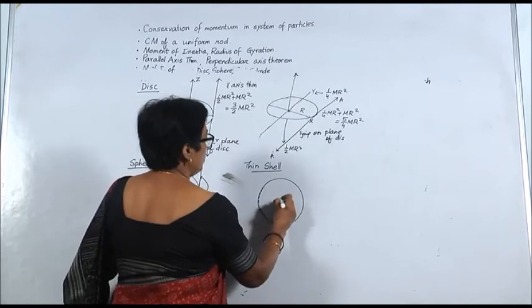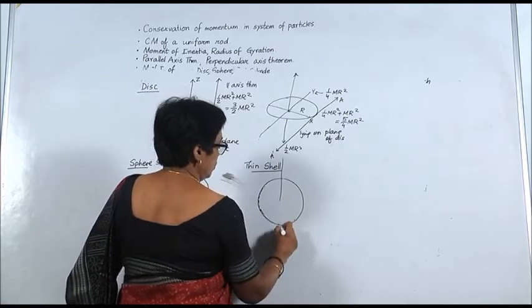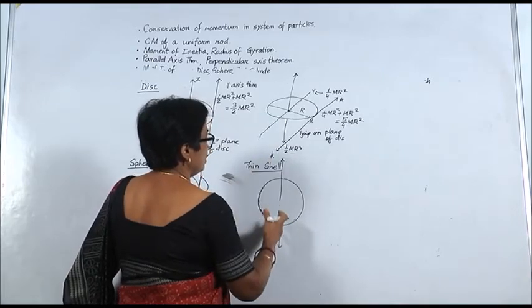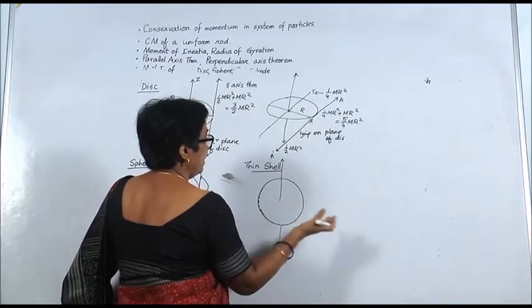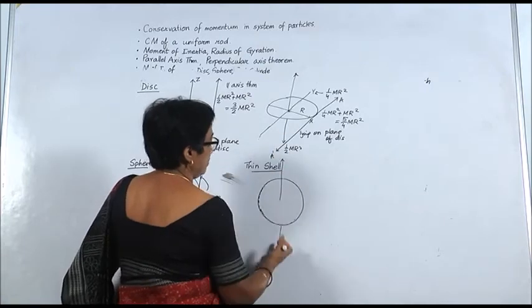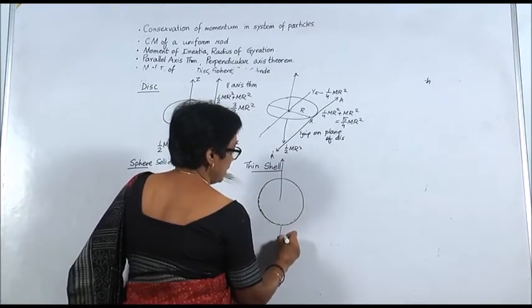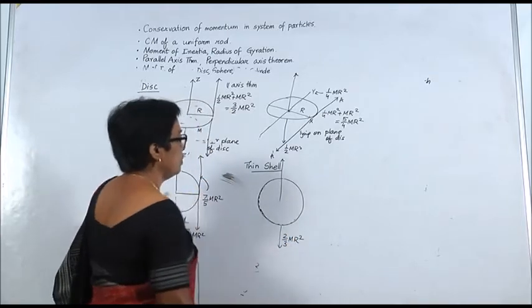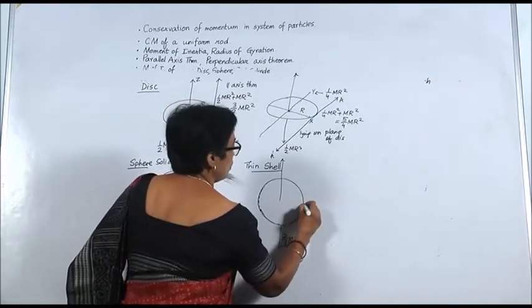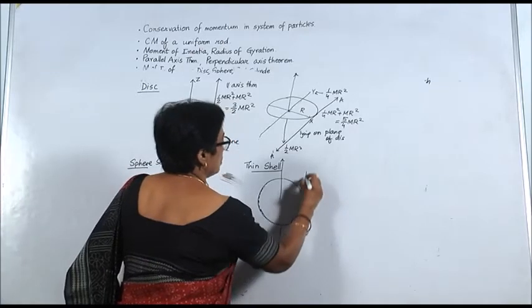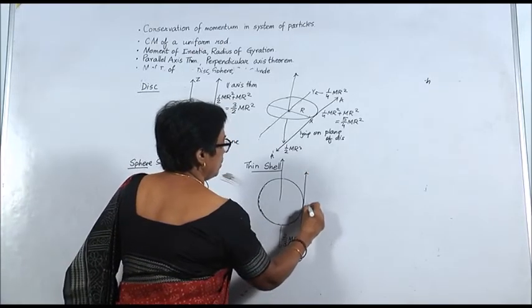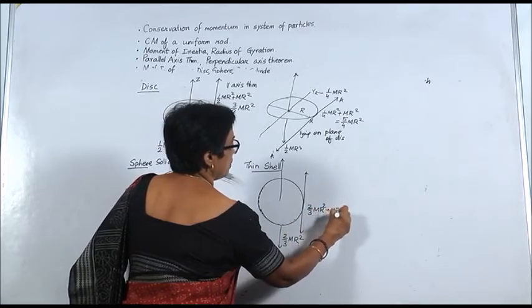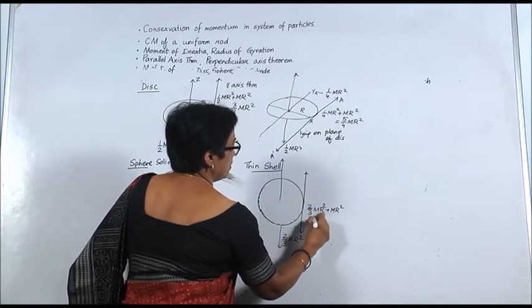Then the moment of inertia through the center, again it is a 3 dimensional body, so there is no perpendicular to its plane, any axis is the same axis. This is 2 by 3 mr square. You can yourself find out the moment of inertia about this tangential axis. Add mr square, so 2 by 3 mr square plus mr square. So this will be 5 by 3 mr square.